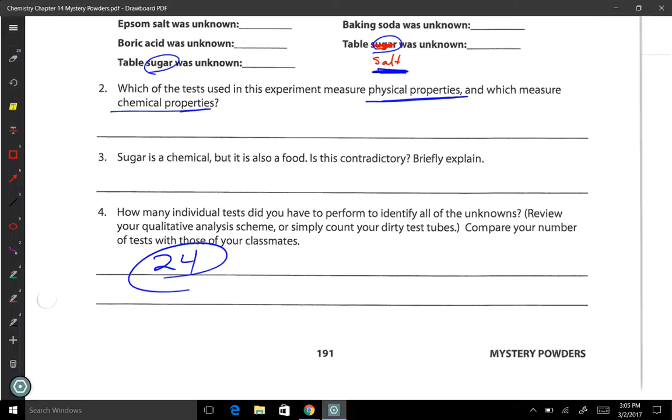Okay, so you have your table of the order you're going to do experiments, right? And so you take powder 1 and you do the first test and you say, was it soluble or insoluble? So you'll write in there soluble or insoluble in the box for sample 1 and test 1.